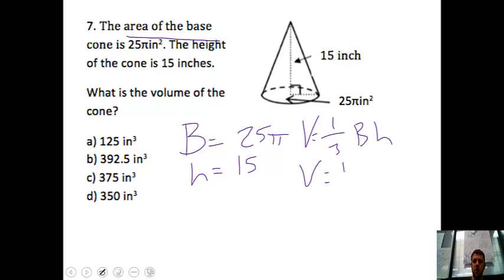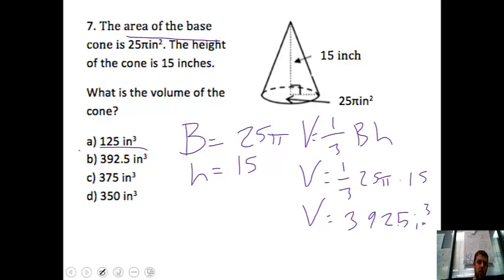So volume is equal to 1/3, we already know big base is 25 pi, and the height is 15. Putting that in the calculator, I end up getting 392.5 inches cubed, and I get B.